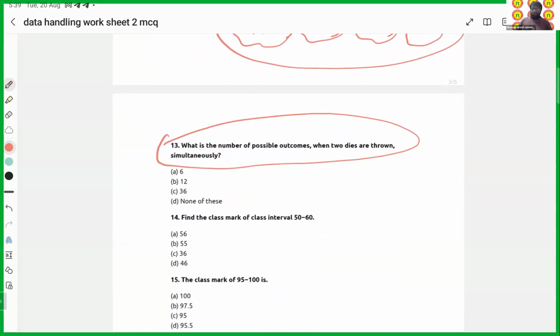And also send me the answer for the 13th, Sai Karthik Reddy. Can I send in the chat box, sir? Let me wait.